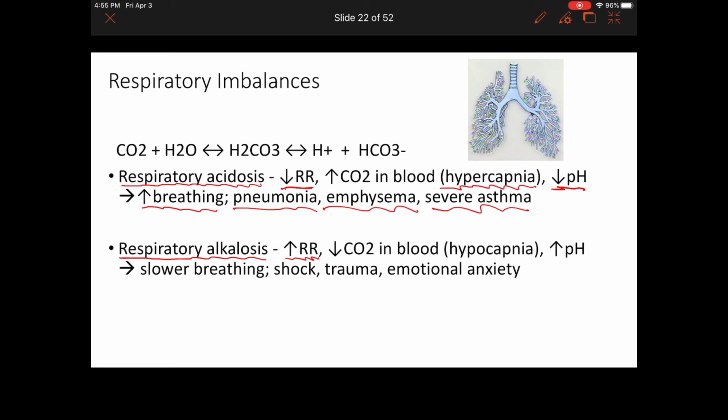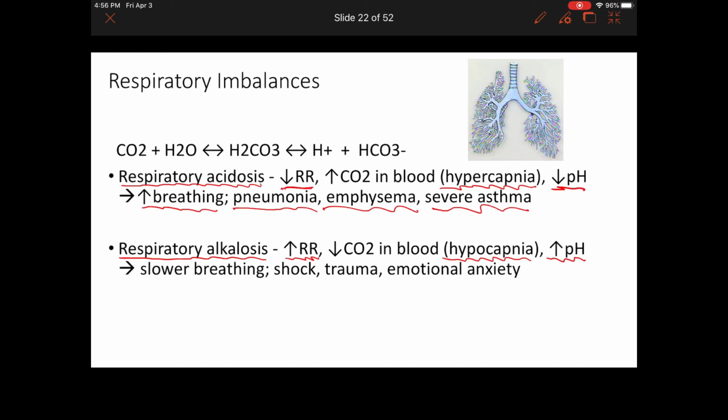And as a result of that breathing off of CO2, that changes the levels of CO2 in the blood to produce hypocapnia. With hypocapnia, that would cause an increase in the pH levels. So in other words, the blood would become more alkaline as a result.